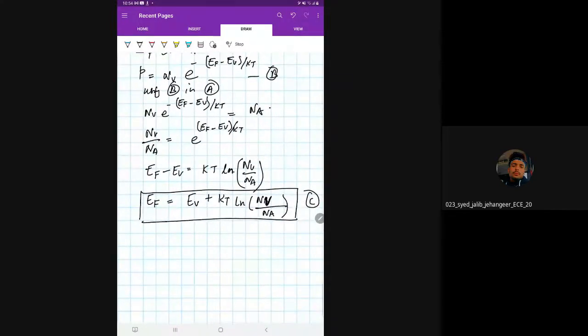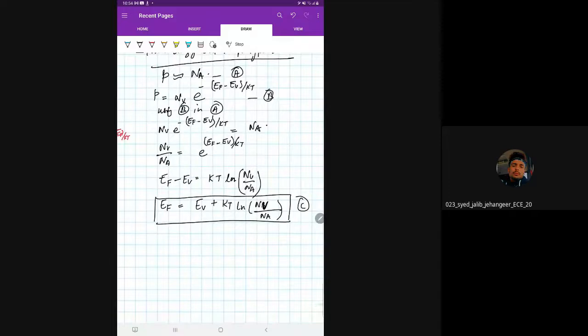So we can say that in p-type semiconductors, Fermi energy level is also a function of temperature and a function of doping concentration.